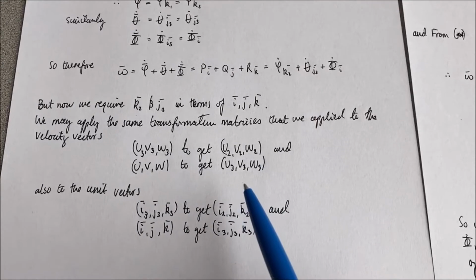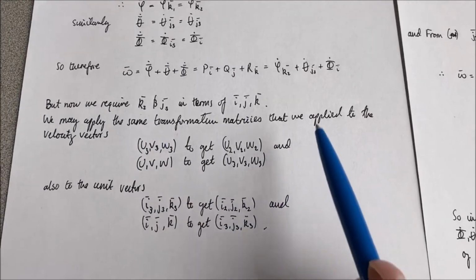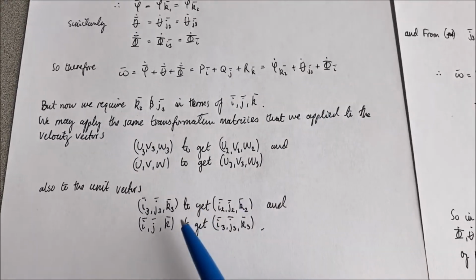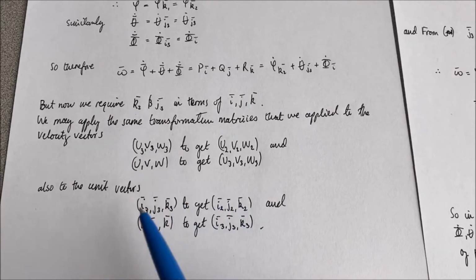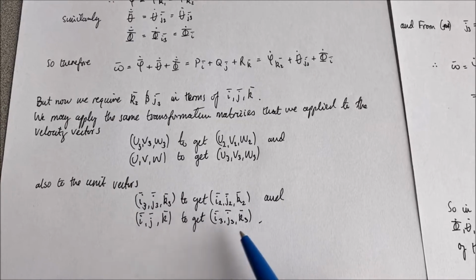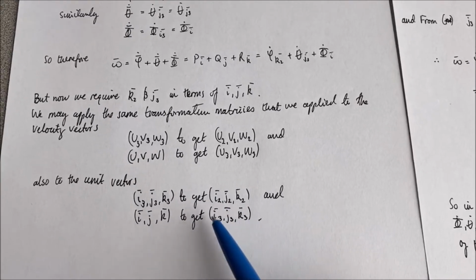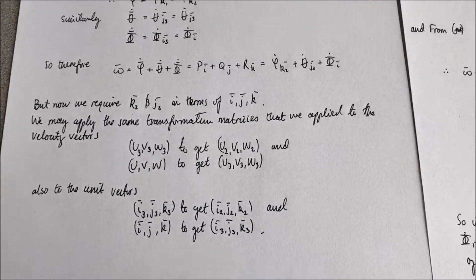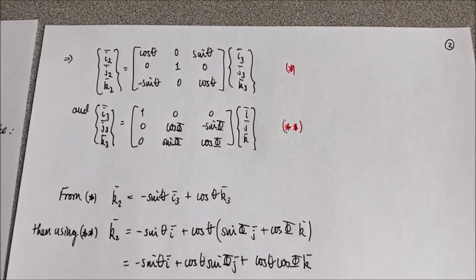So we can also do that applying the same matrix transformations to these unit vectors, right? So to the subscript 3s to get to the 2s, and from the regular I bar, j bar, k bar to get the intermediate coordinate system with the subscript 3s. And that looks like this.